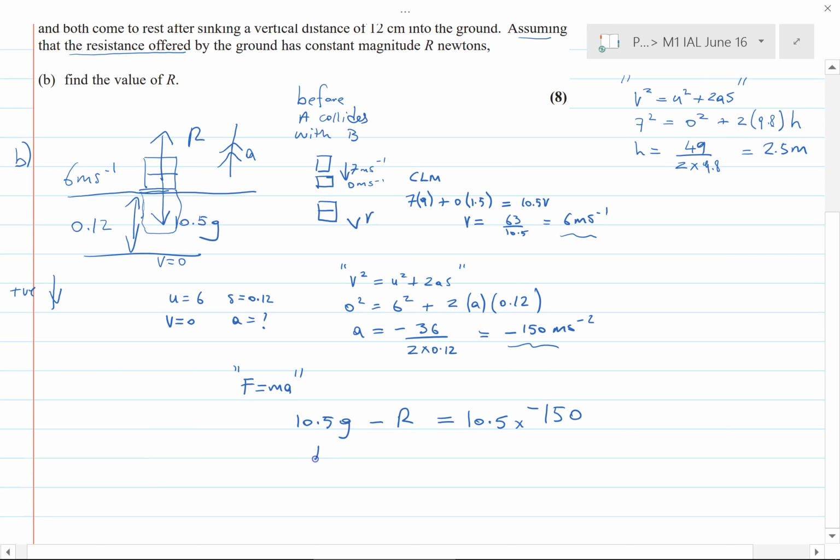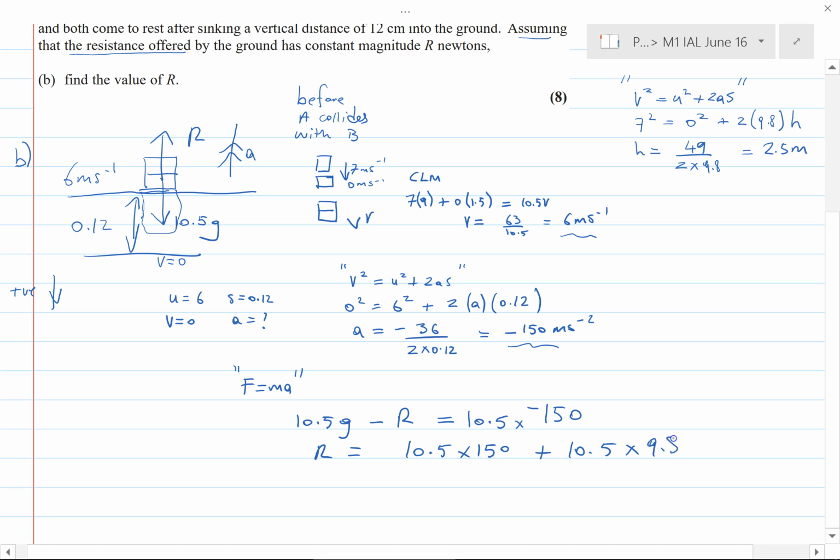So R, rearranging that, is 10.5 times 150 plus 10.5 times 9.8. That gives me R, a pretty big force, 1680 newtons to 3 significant figures. You can also write 1700 newtons, but nothing else for that answer.